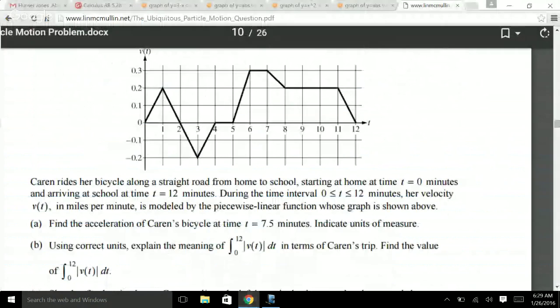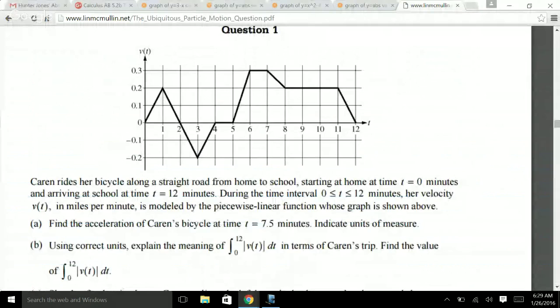And then find the value. So this is where we don't have a function, and we have to think, what does an integral mean? Oh, it means area under a curve.